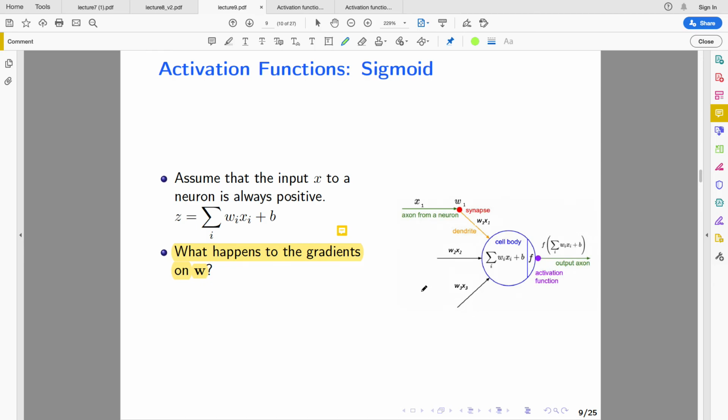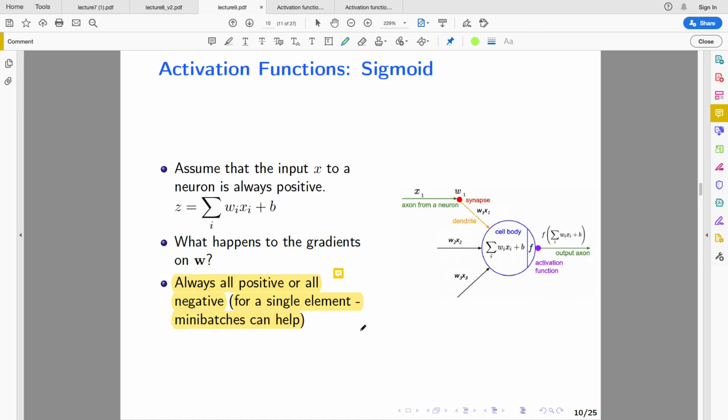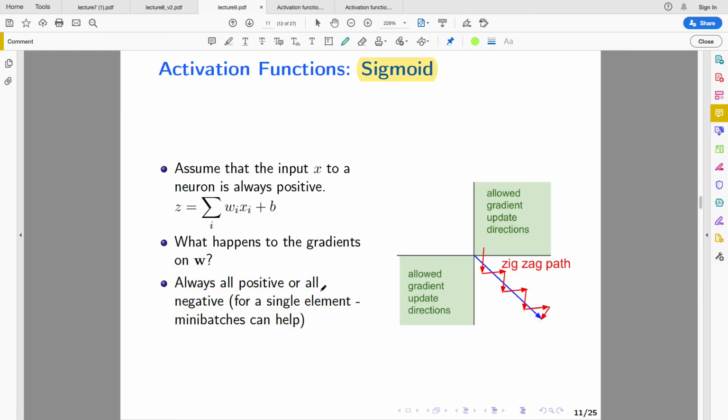So what happens to the gradient on W? Always all positive or all negative for a single element; mini-batches can help.